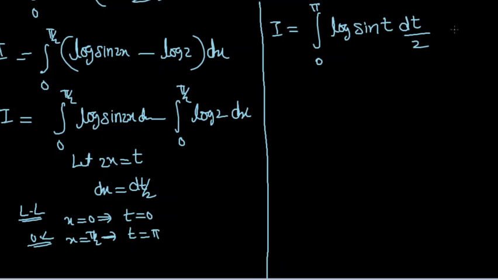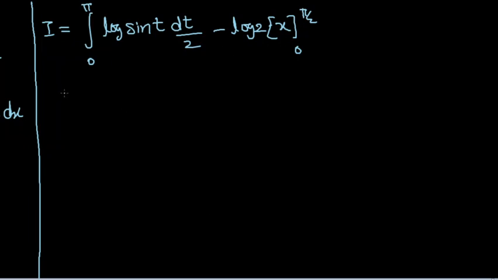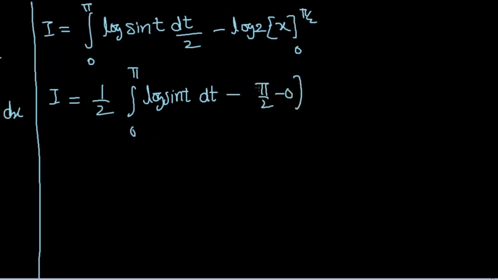So 2 goes outside, minus log 2 times integral of 1 dt, and the integral of dx is x, with limits 0 to pi by 2. So here I is equal to 1 by 2 outside, integral 0 to pi of log sin t dt, minus upper limit pi by 2 minus lower limit 0, into log 2.